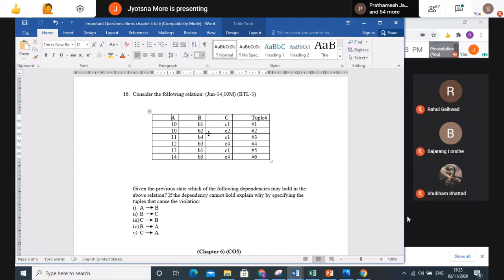Next line, write down tuple number, meaning the hashtag which is given there. Tuple number 1, mention that 10 determines B1. Next line, tuple number 2, 10 determines B2. This is the complete answer for this point number 1.